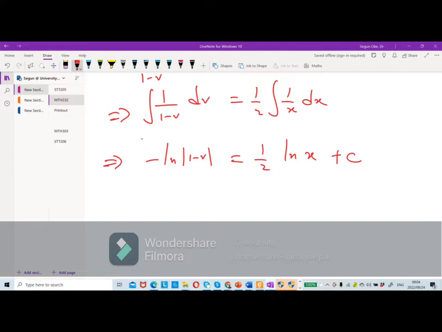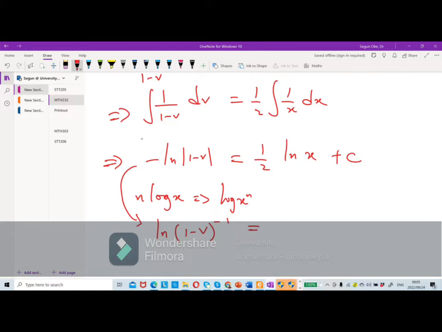No question. Okay. According to the law of logarithm, remember when you have n log x, it's the same thing as log x raised to power n. So we're applying the same law here by saying you have ln of 1 minus v raised to power minus 1 because of this negative.